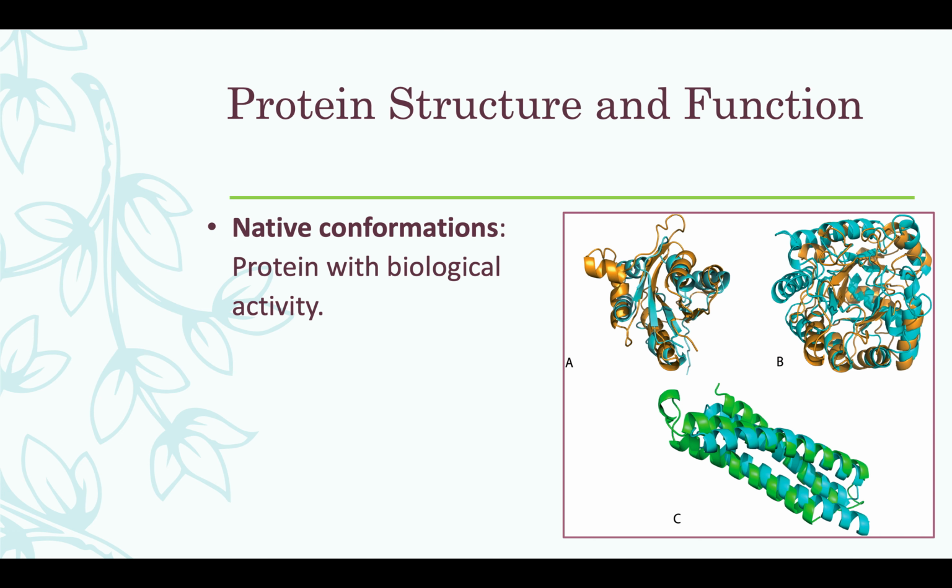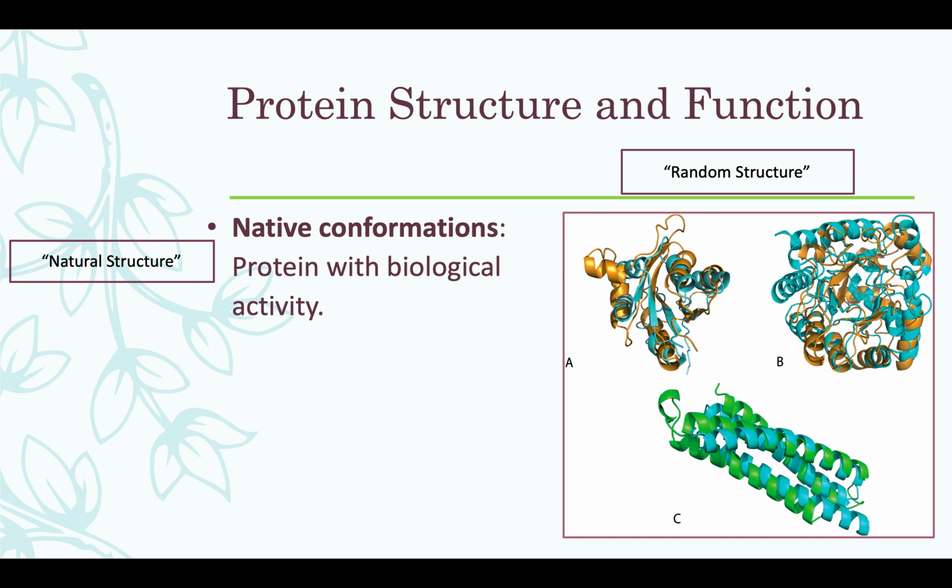As shown in this figure, you have here a very, kumbaga, magulong structure. So you have your random structure nga, diba? By the way, we can also refer to your native conformation as your natural structure.